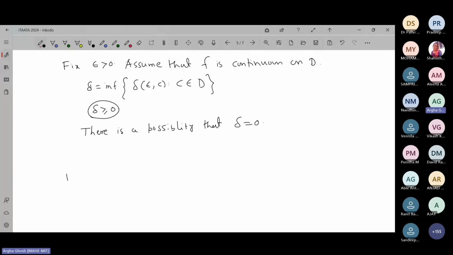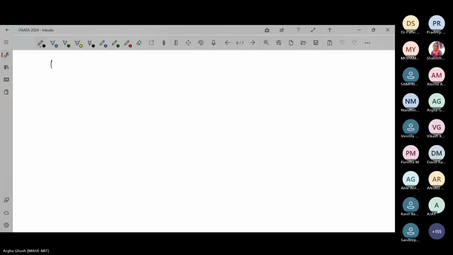Now we'll make it a definition. There are some functions for which this delta will work. So here we have the definition of uniform continuity. Because it will work uniformly for all values of C, that's why we have the name uniform continuity.